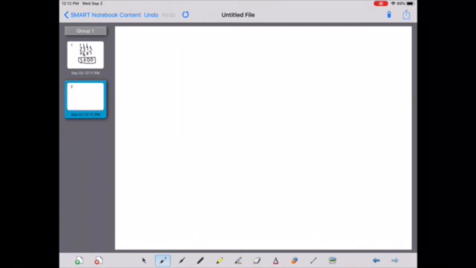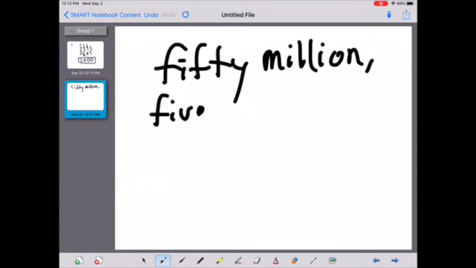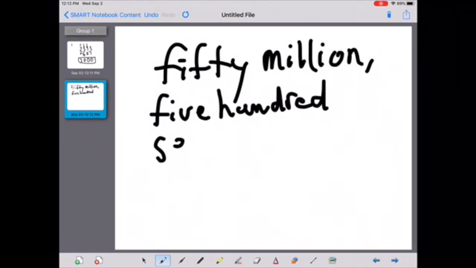Number 3, use words to write this big, huge number. So the first thing I see is it's the number 50. Then I got to figure out what position it is, and I count it over. I start at the right. That's in the units, then the thousands, so that's 50 million. Then I need that comma. Then I look at the next 3 numbers. That is 500, 74.